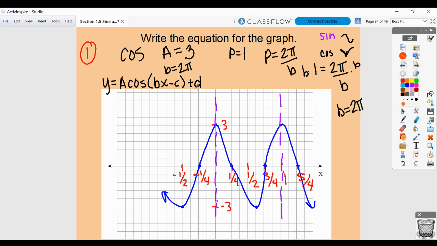And we don't have a d because the middle of the graph is the x-axis, so it didn't shift up or down. So your final answer, the A, is 3 cosine of 2 pi x.